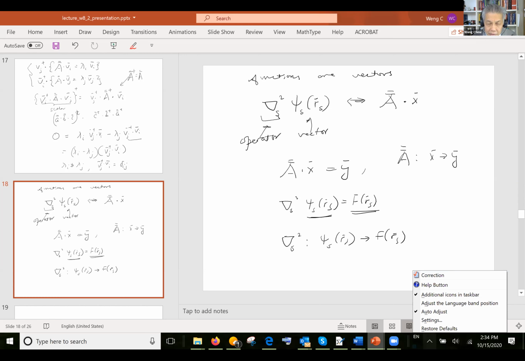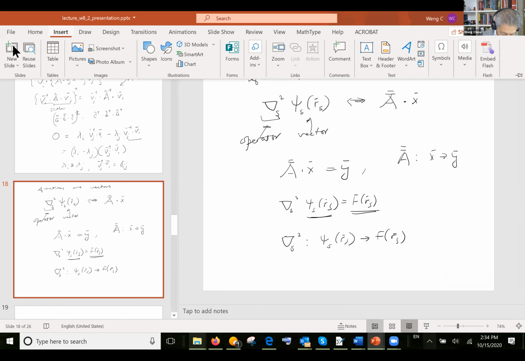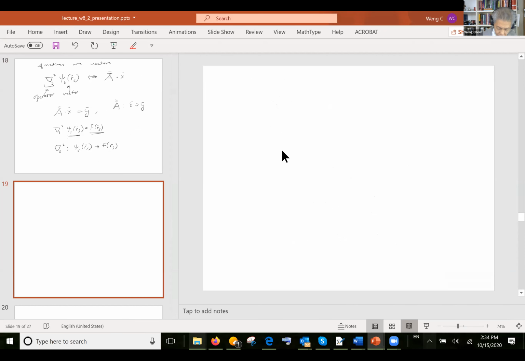Well, think about if you have to do a computation, say, with a very simple function. The function is a vector. And if you were to do computation with this function on a computer, you would digitize it.